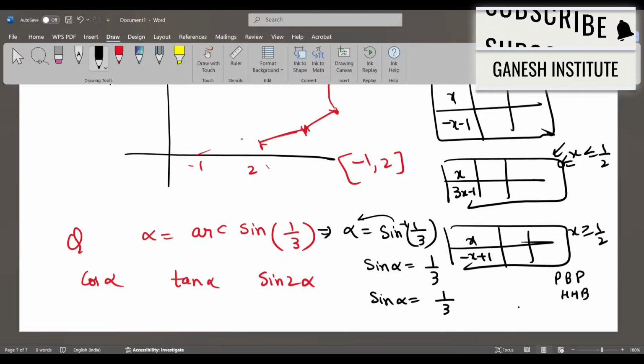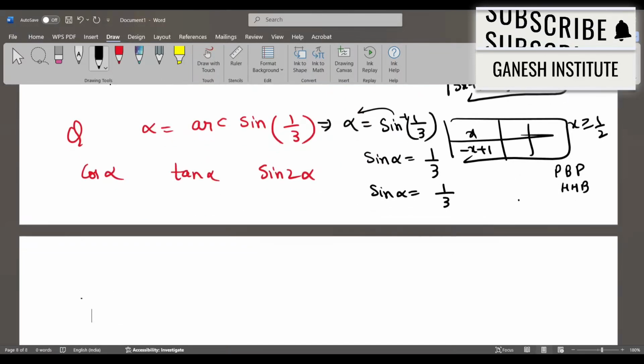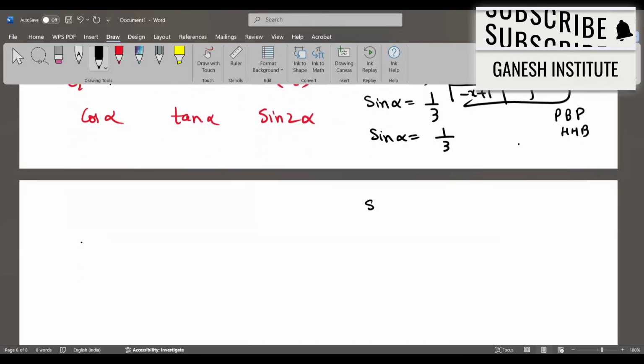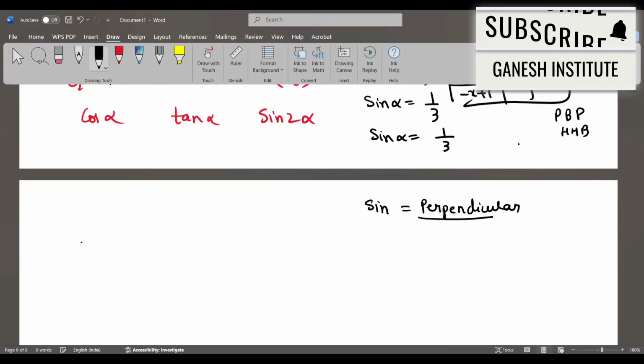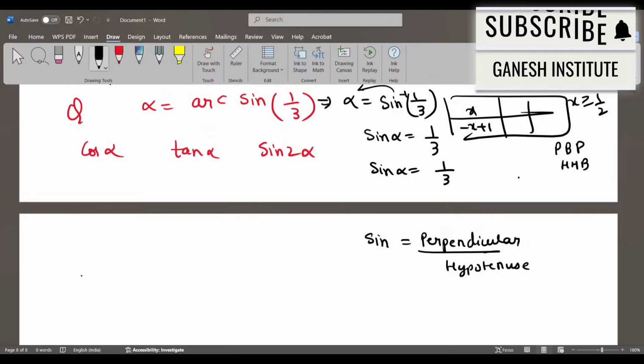Is it adjacent, opposite, or perpendicular, hypotenuse, base? Basically, sine is perpendicular upon hypotenuse. Yeah, so it's opposite over hypotenuse. Okay, I got you. So, SOHCAHTOA you have learned, right? Yeah.